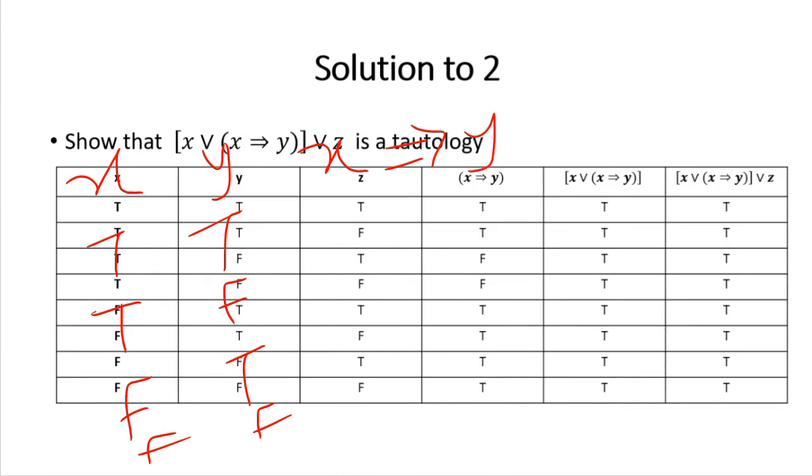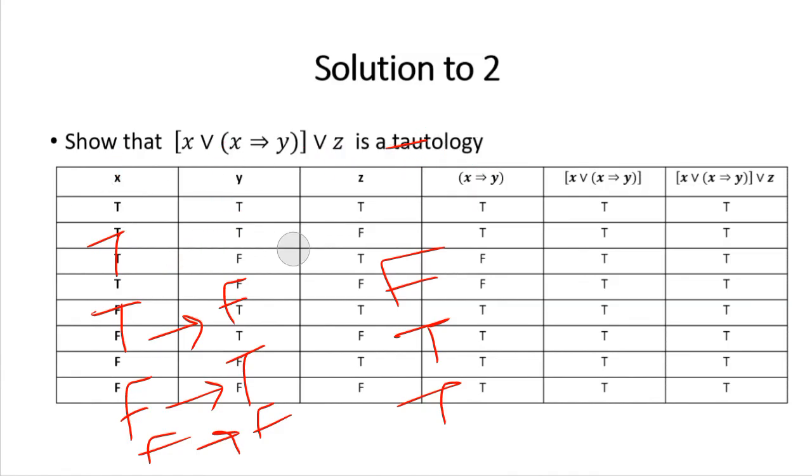For x implies y, t, t will always be true. T pointing to f, definitely it's going to be f. F pointing to true, definitely going to be true. And f pointing to f will be true. So that's your entry for the truth table for x implies y. Now let's use this concept.